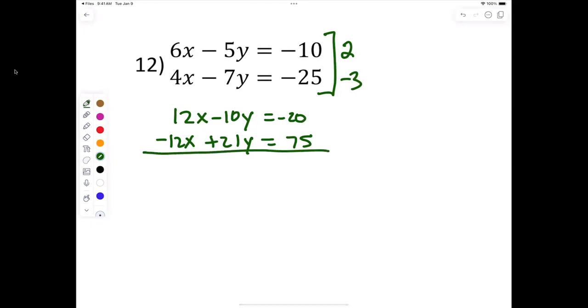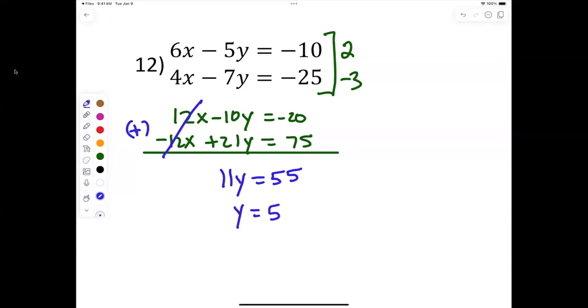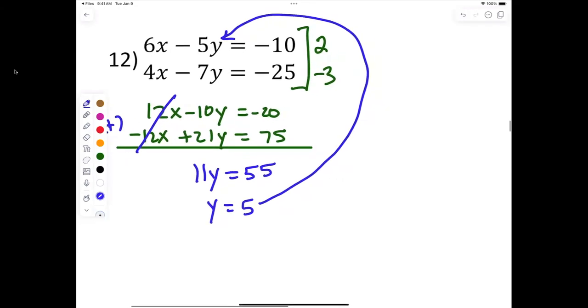Now, when I add them together, the x's cancel. 11y equals 55. So y has to equal what? 5. Y is 5. Now just come up to the top equation and plug 5 in.